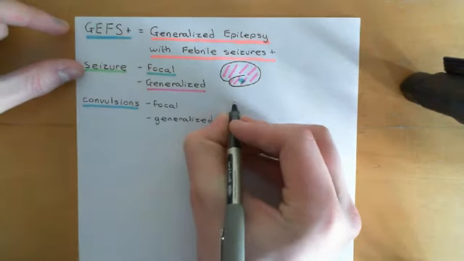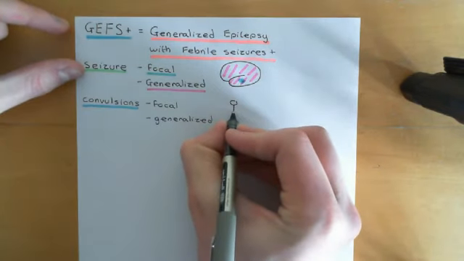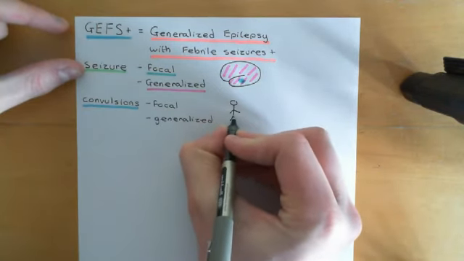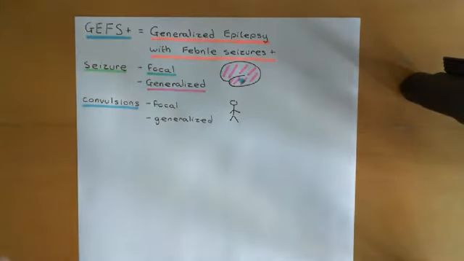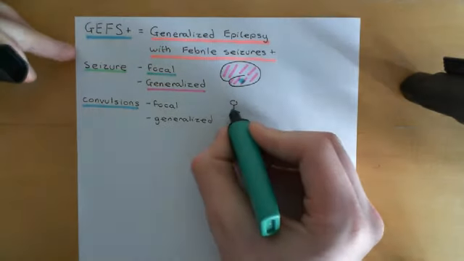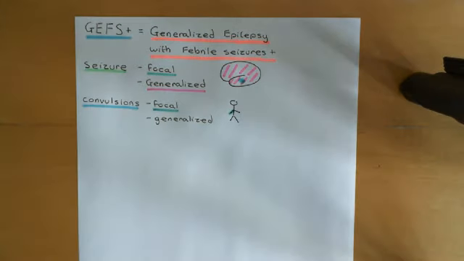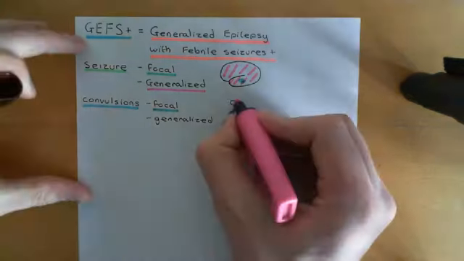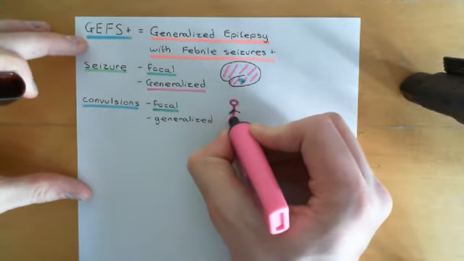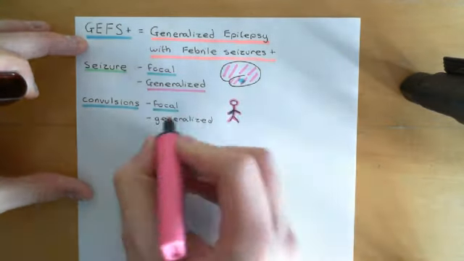In focal convulsions, you get involuntary movements occurring in just a little portion of the body. If I draw a crude picture of the body here, in a focal convulsion you get an involuntary movement in a certain portion of the body, maybe just one limb, like shown, whereas in a generalised convulsion you have involuntary movements all over the body.